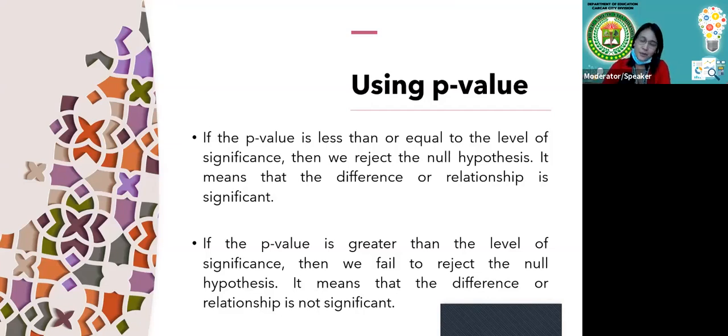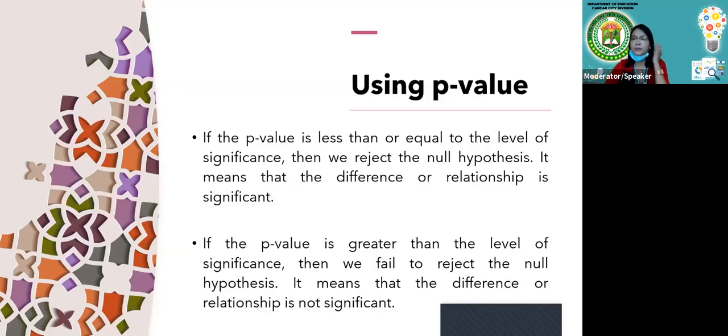Okay, going back, using the p-value. These are some of the important points that you should remember if you are going to be utilizing the p-value. The first: if the p-value is less than or equal to the level of significance, let's say you set your level of significance to 0.05, then you reject the null hypothesis.